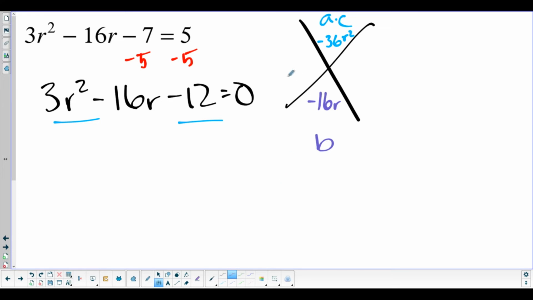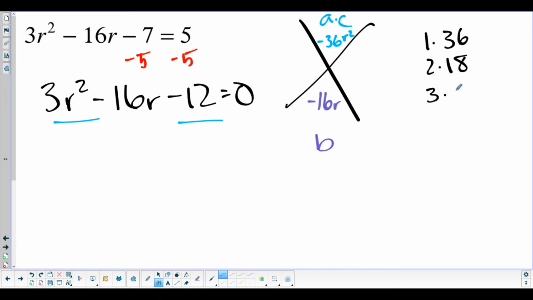So I need to find both a positive and a negative when I'm figuring out what two things can solve this problem. And so I think what's going to be helpful is to just think about what are the ways to multiply to 36. So I can multiply 1 times 36. I can multiply 2 times 18. And I think I see it already.